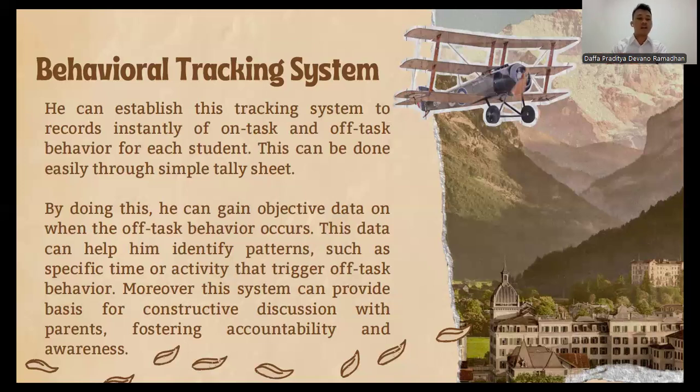And also, if the problems continue, then we have the objective data to be discussed with the parents, the other teachers, and also the student to know how they are behaving during class.